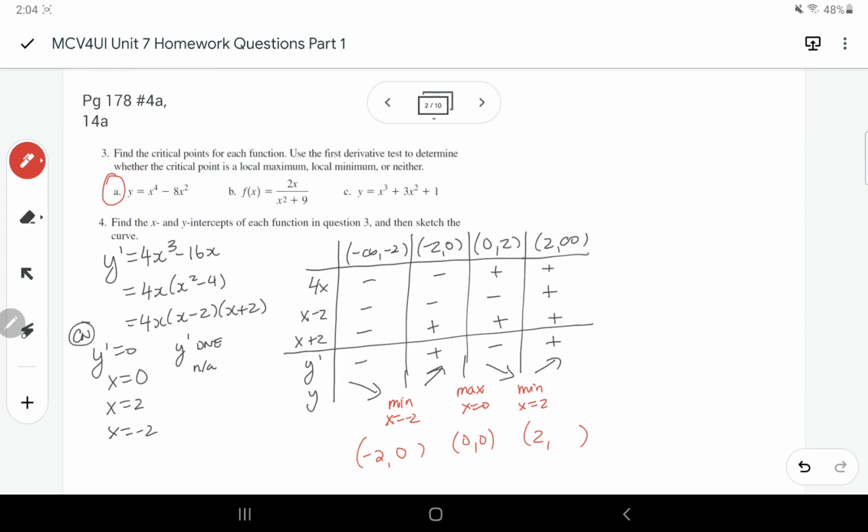And if I put in a positive 2, then I would also, actually that's not, I don't know what I did there. Oh, minus 8 times 2 squared. Pardon me.